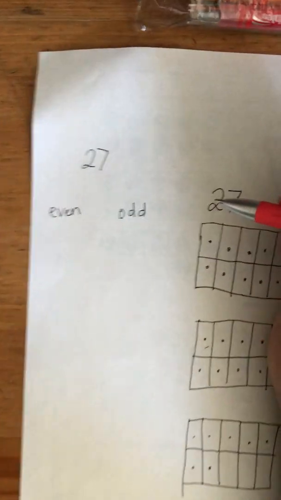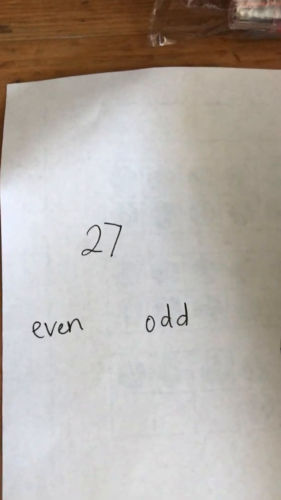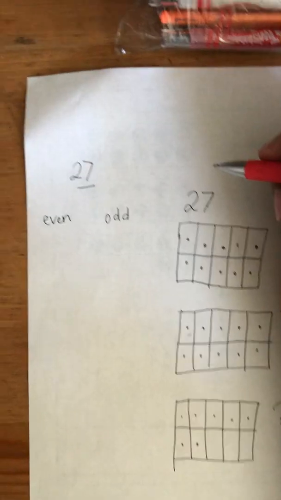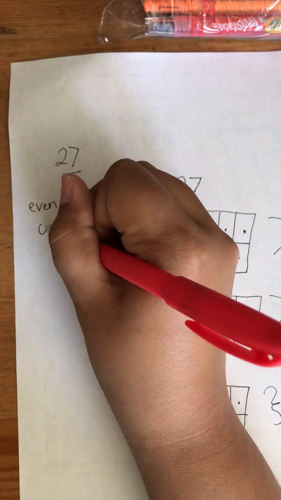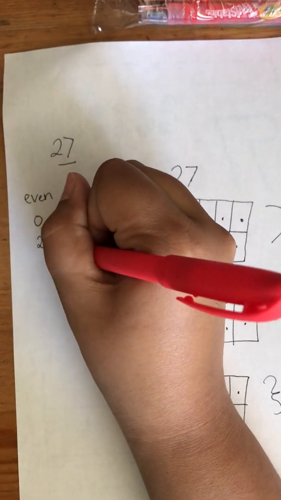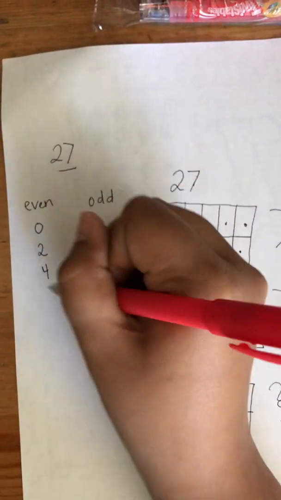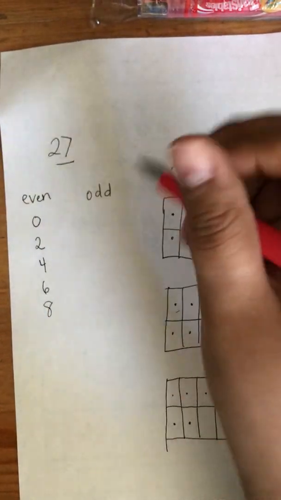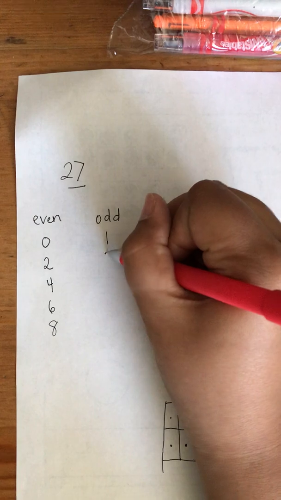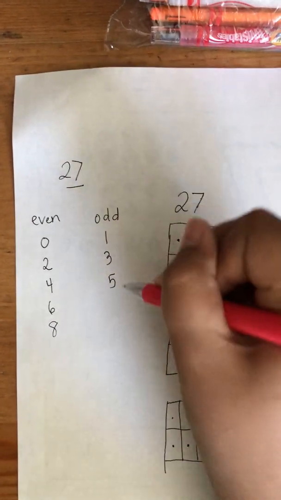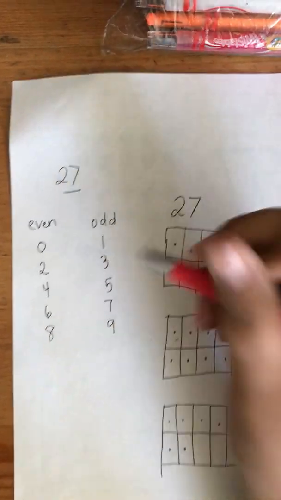So we're looking at the 7, okay? So we're looking at the number 7 in our double digit number. And we know that even numbers end in 0, 2, 4, 6, and 8. And then we also know that odd numbers end in 1, 3, 5, 7, and 9.